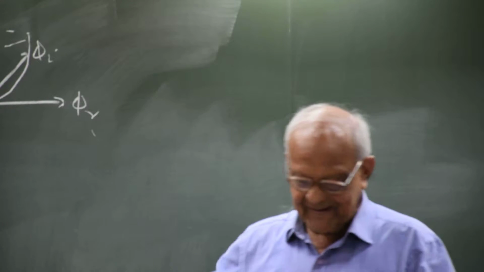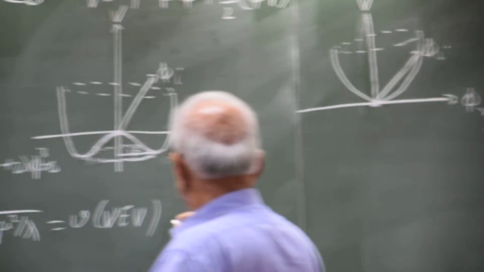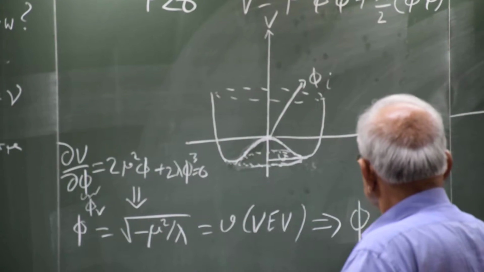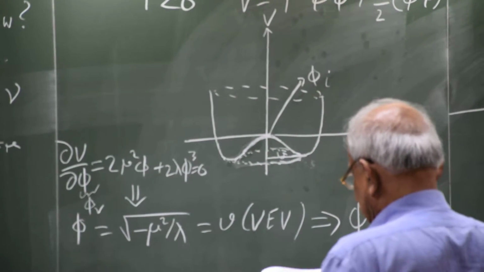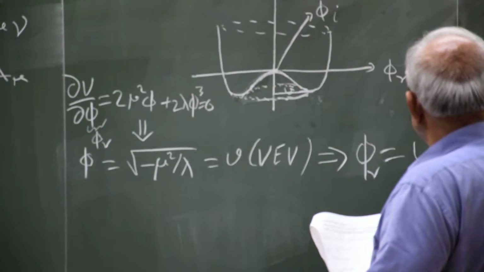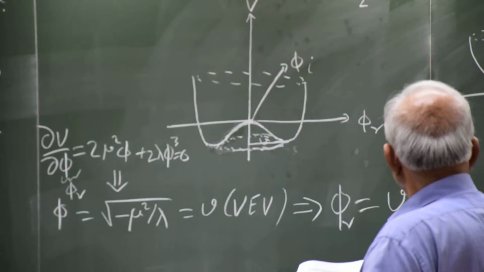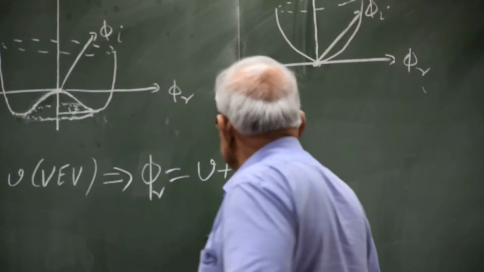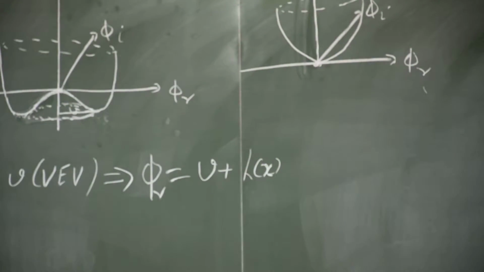That means the real part of the field you translate by this constant amount V, and the fluctuation around this point you describe as the physical scalar field. Clear?